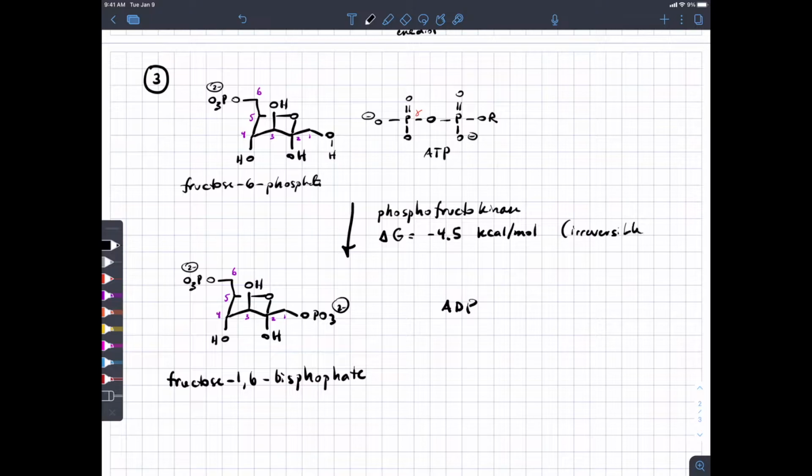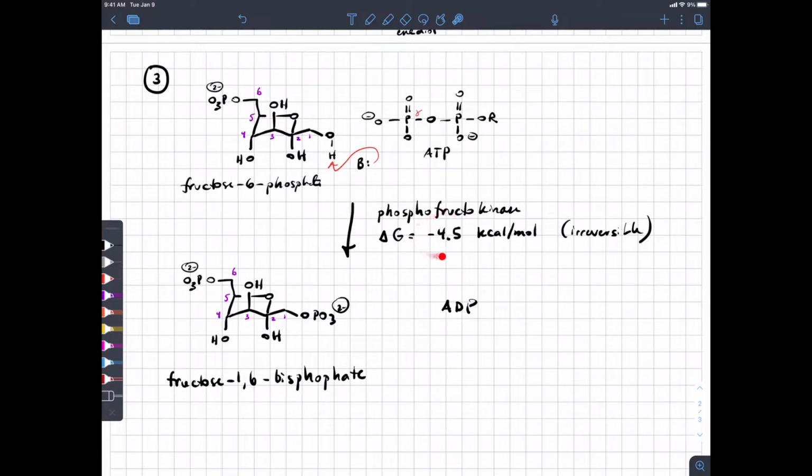You don't need to memorize the delta G numbers. I'm writing them so you have a sense for whether the reaction's reversible or not, and so that later on when you learn about regulation of enzymes, you'll have a sense for why those steps need to be regulated.